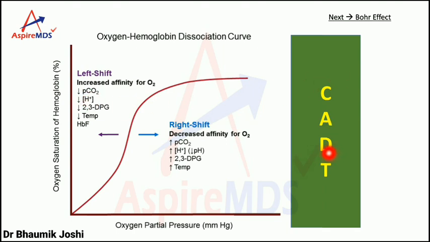Whereas when these 4 factors are increasing, it will cause the curve to shift to the right side. Only one factor you should remember separately is fetal hemoglobin, which also causes the shift to the left side. Okay, next let's see Bohr's effect.